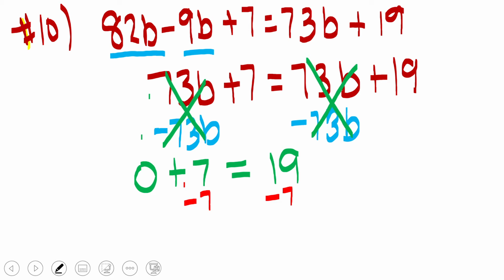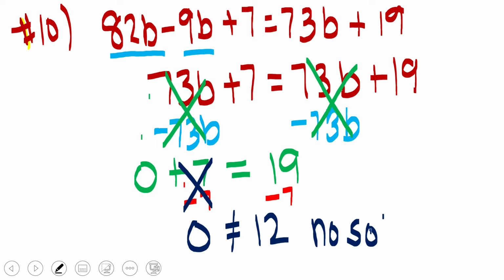So we simplify again. Plus 7 minus 7 goes away. That leaves 0. Equals 19 minus 7, 12. This is not true, so no solution.